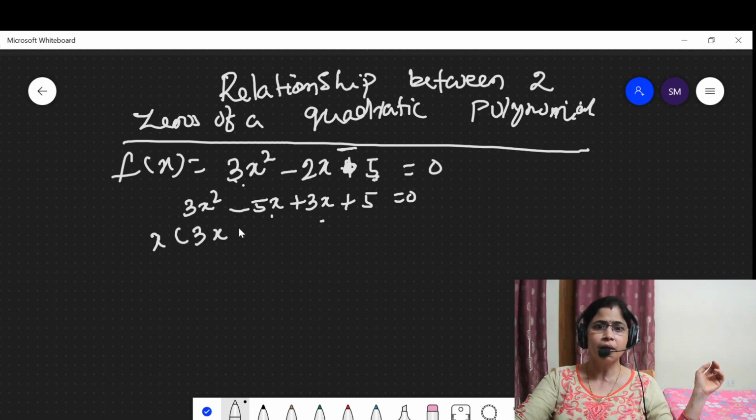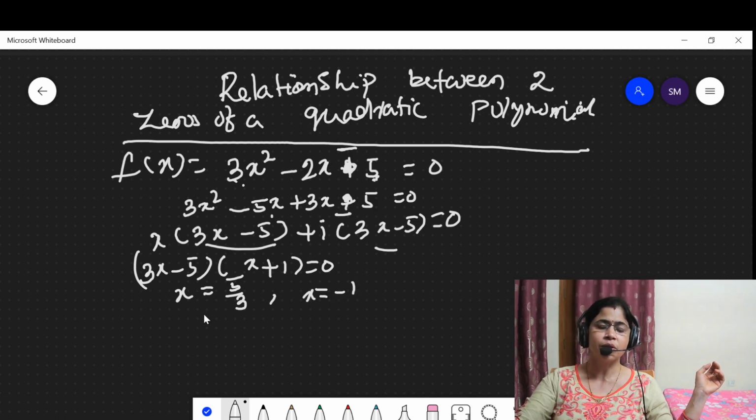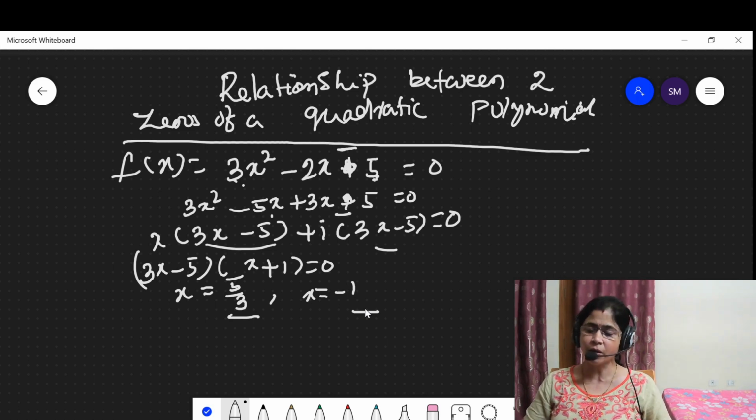This is 3x minus 5. Then here is also minus 5. Then take 1 common. This is 3x minus 5 into x plus 1 is equal to 0. Then one zero is x equal to 5 upon 3, another x equal to minus 1. Here 5 upon 3 and minus 1 are the two zeros of this quadratic polynomial.